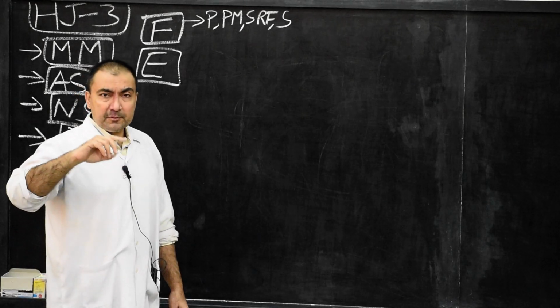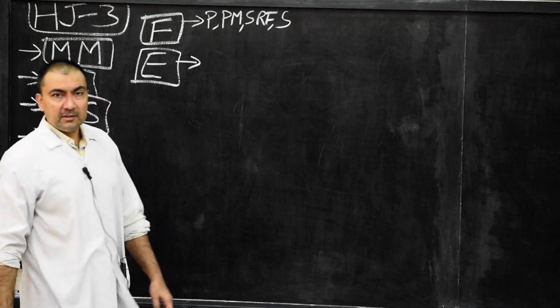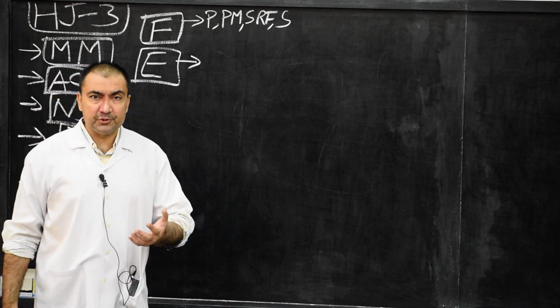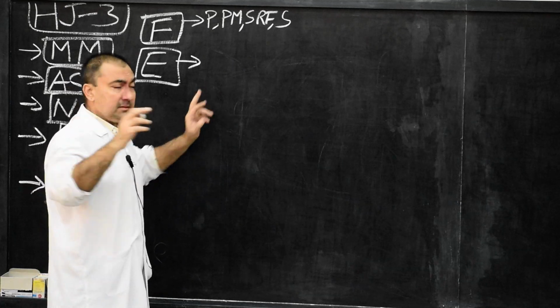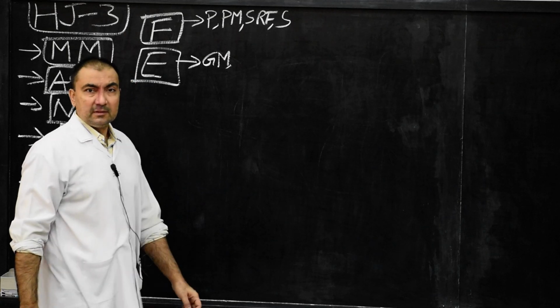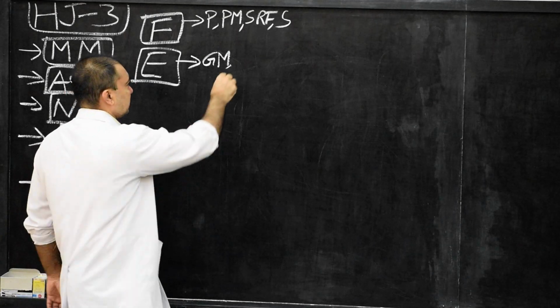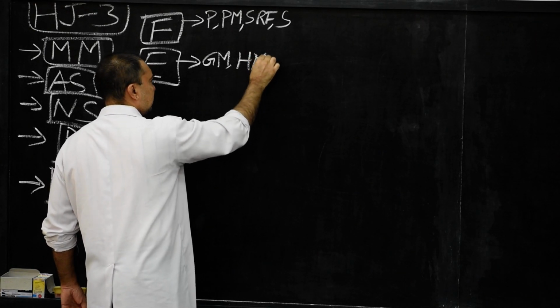What are the muscles which will produce the extension? The muscles that produce extension of the hip joint will be the gluteus maximus, along with gluteus maximus, the hamstring group of muscles.